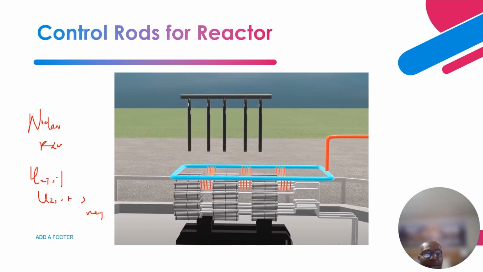So you have control rods that are inserted inside, based on the depth of insertion, to control the reaction. These rods come in and out to control the rate of nuclear fission reaction and the rate of thermal energy being created.